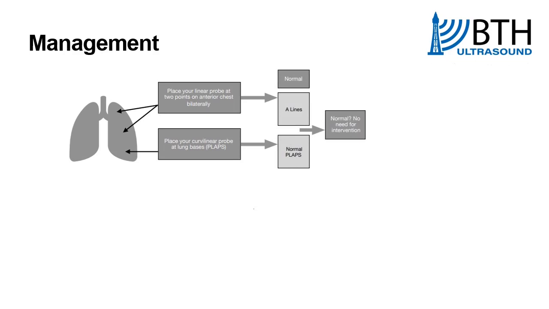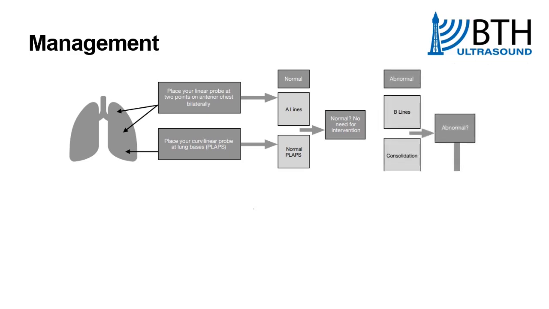So hopefully, like I mentioned before, you want to have completely normal lung pathology, or at least as normal as lung ultrasound is going to give you. However, if you see abnormal and you start to see significant B lines and consolidations, then potentially you have a couple of options with regards to management.